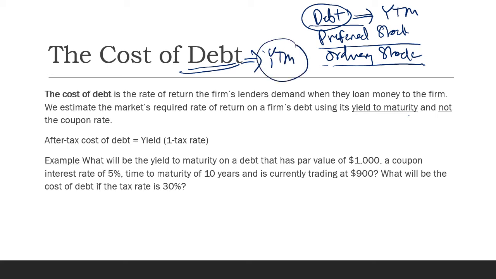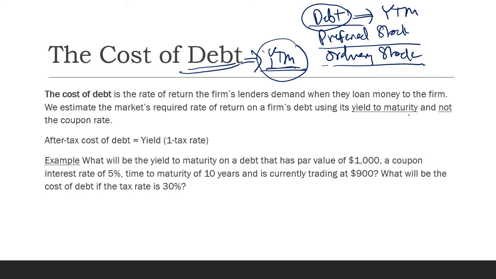In this case, there are certain questions where you are not given the information on the coupon or the cost of the debt. In that case, you have to use the formula discussed in the previous chapter of debt valuation and calculate the YTM.